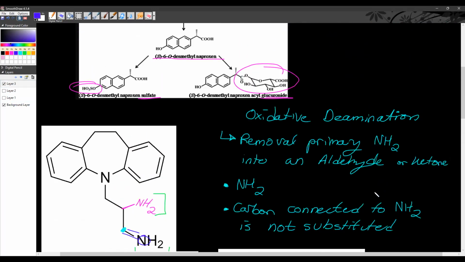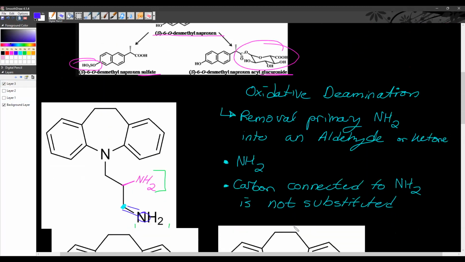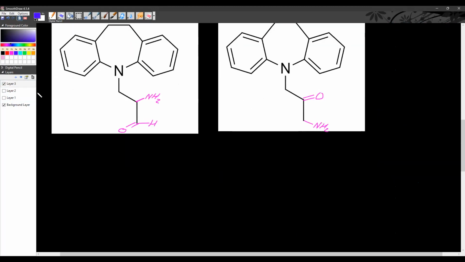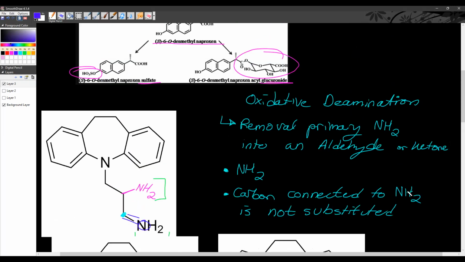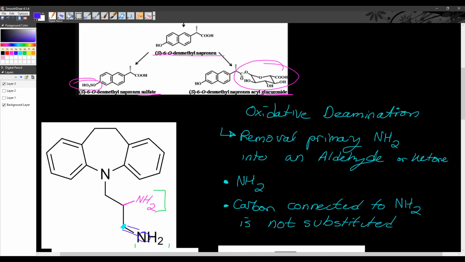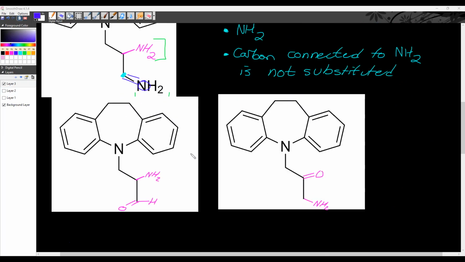Any questions about these 4 reactions that we went through? Yes, I have a quick one. So for oxidative deamination, Mahana didn't really go into specifics about the ketone portion. All he specified is that it had to be a secondary carbon. This is a really dumb question.